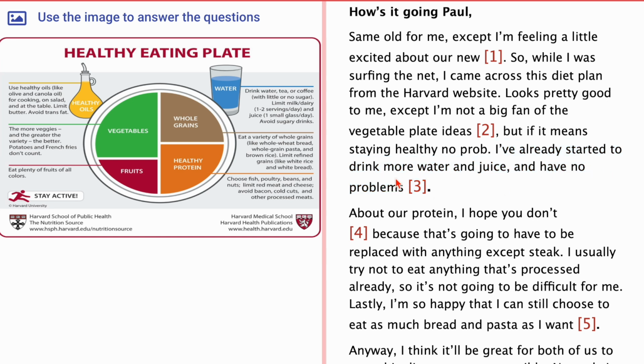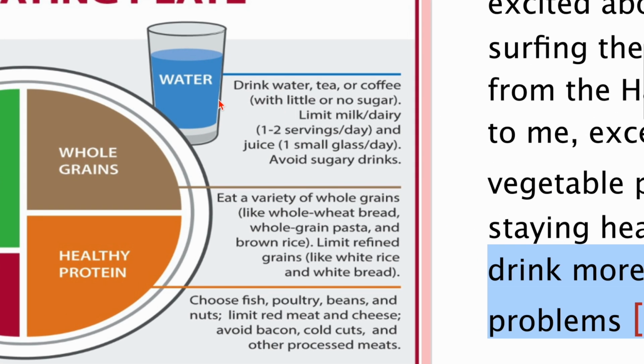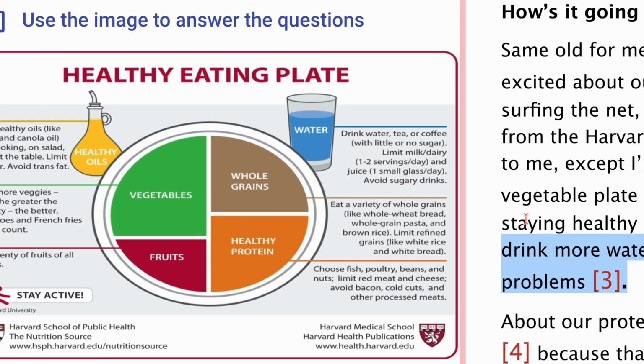So let's look at what it says about water here. Drink water, tea, or coffee with little or no sugar. Limit milk and dairy, 1 to 2 servings per day, and juice, 1 small glass per day. Avoid sugary drinks. Don't drink them. Okay.